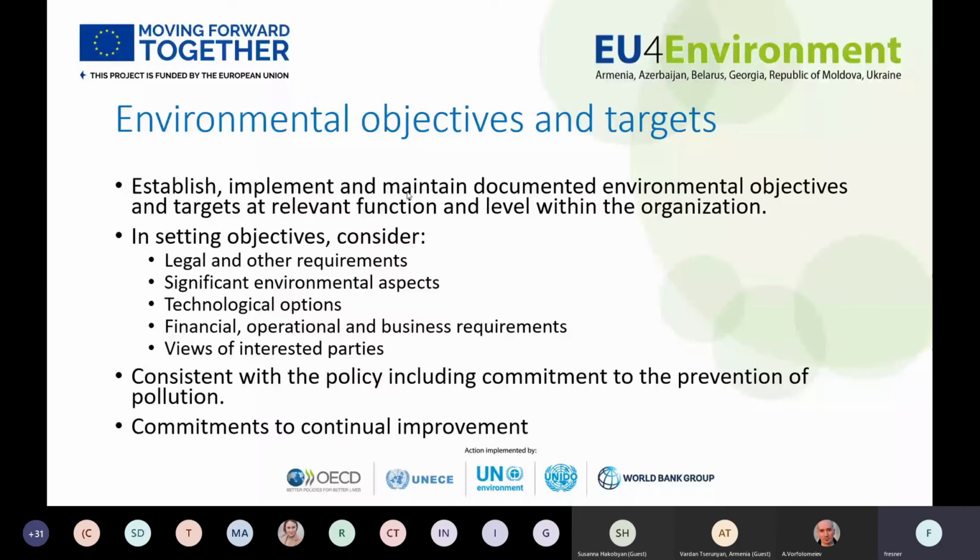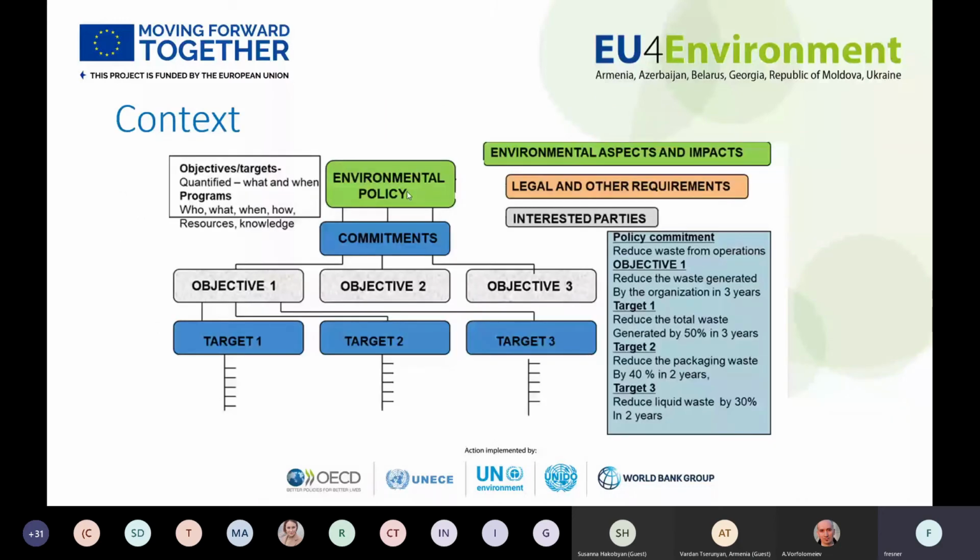So from the policy, from comparing it to the existing environmental aspects and impacts, so the legal requirements, you will take objectives and targets. And an example is, if we want to reduce waste in general as a policy commitment, an objective on a more generic level would be we reduce the waste generated in the next 3 years.